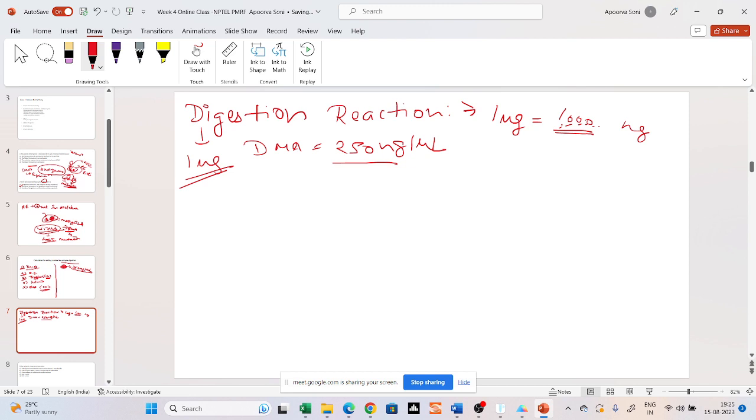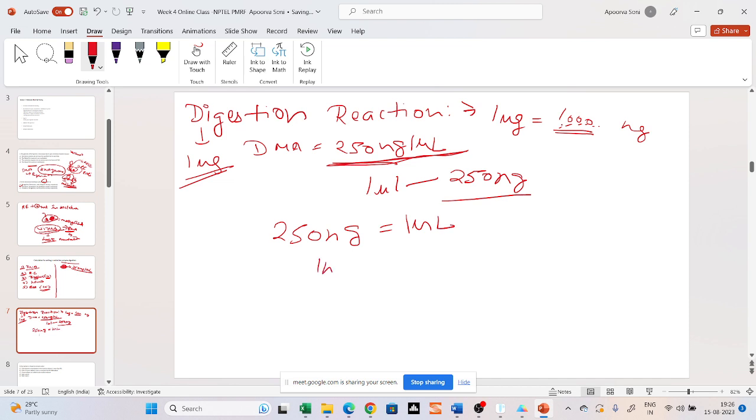Fine. Now, the DNA concentration that we could observe after DNA isolation is 250 nanograms per microliter. It suggests that in 1 microliter, we have 250 nanograms. I'm telling you in the very basic way.